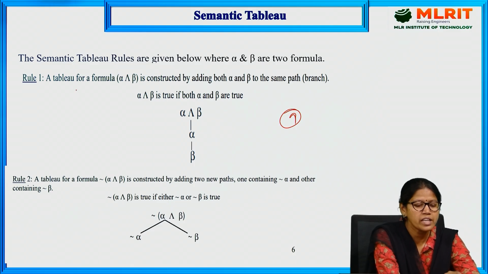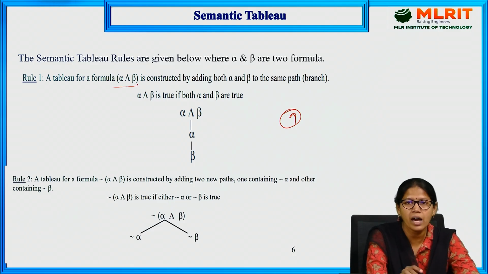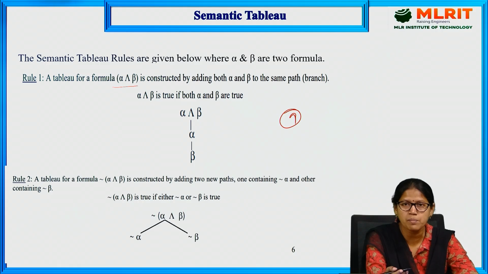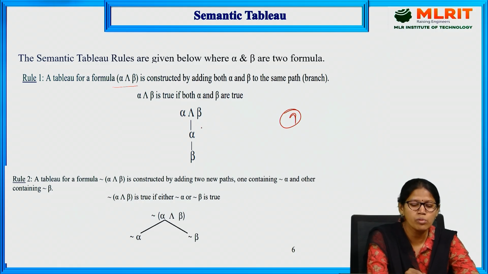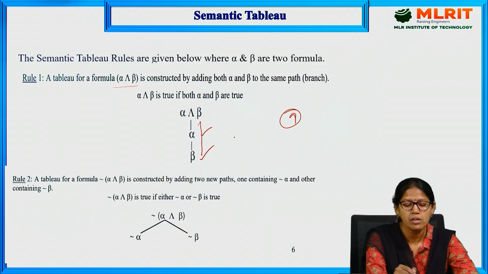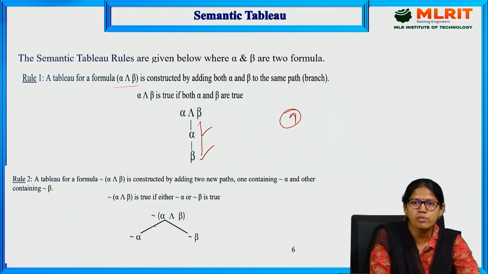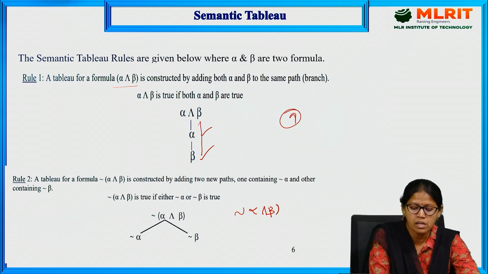Let's see. A tableau for a formula alpha and beta: when it is an AND symbol, it forms only a single branch that consists of alpha and beta. When it is negation of alpha and beta, then it is equivalent to negation of alpha or negation of beta.